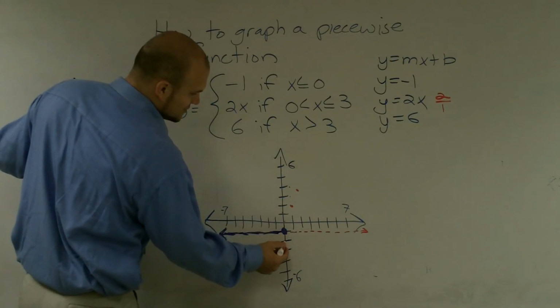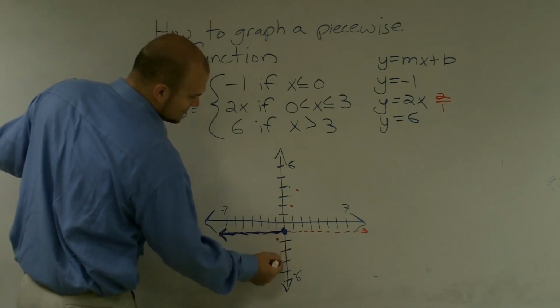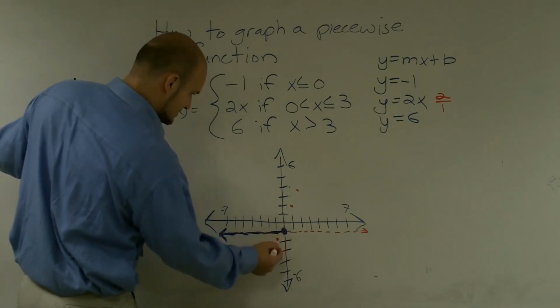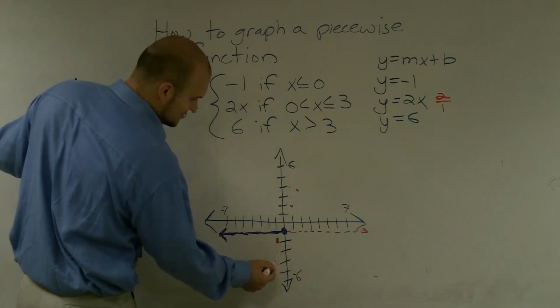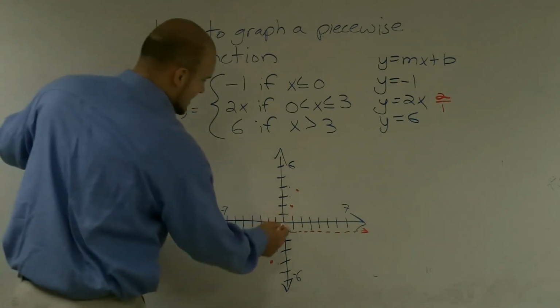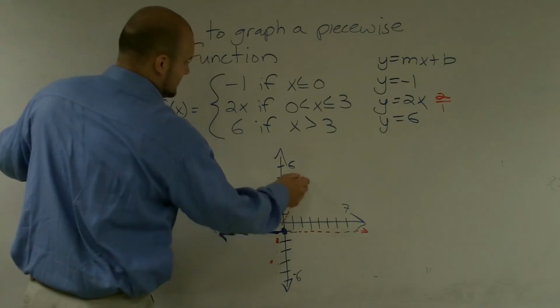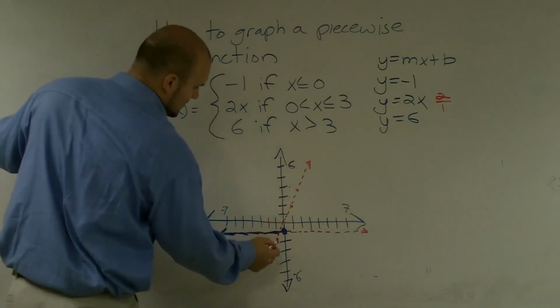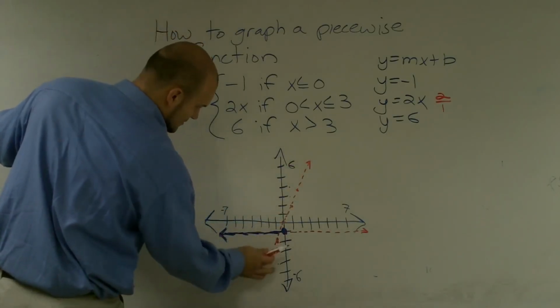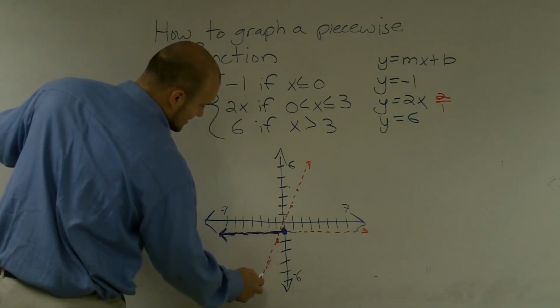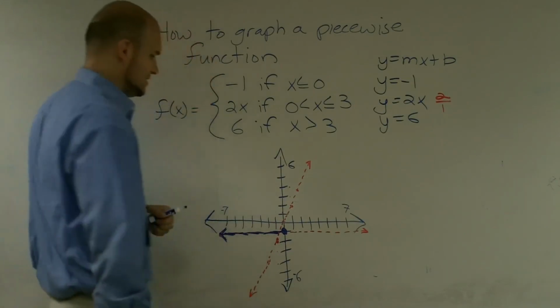So now we're down 2 to the left 1, and down 2 to the left 1, and then down 2 to the left 1. So again, I'm just going to dot a line, just so I approximately know what my graph is going to look like.